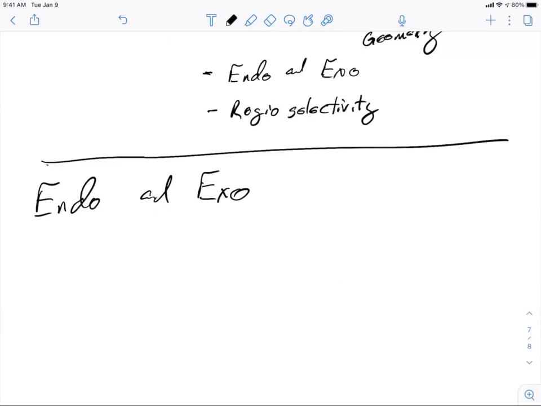So what is endo and exo selectivity? So if I take one of these cyclics, right, and I react that with this dialdehyde, the cis dialdehyde, it's going to make two possible products, right?